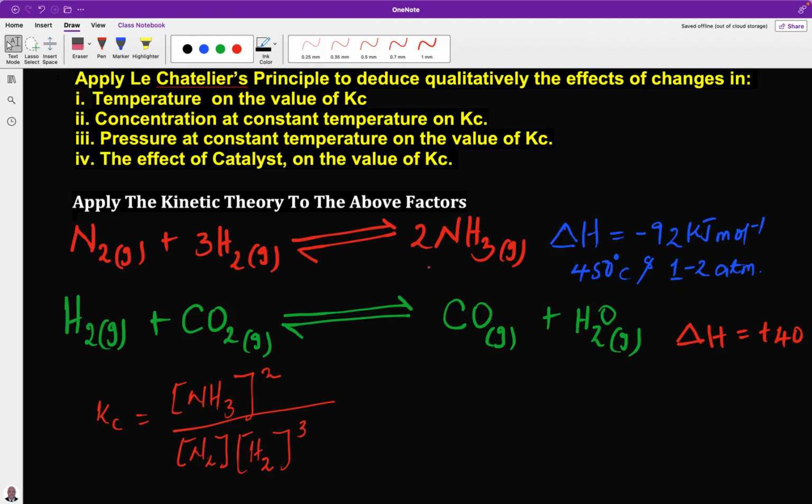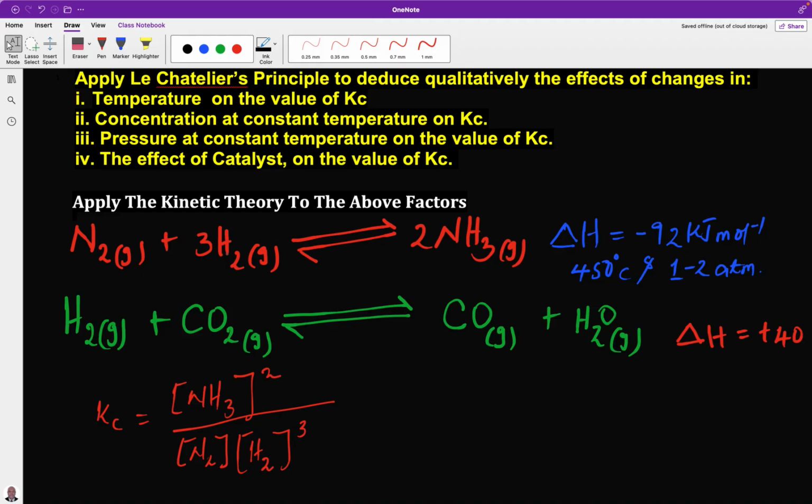Now, if the pressure of the system is increased, what happens? When there's high pressure, there is more frequent successful collision between the particles and the walls of the container.